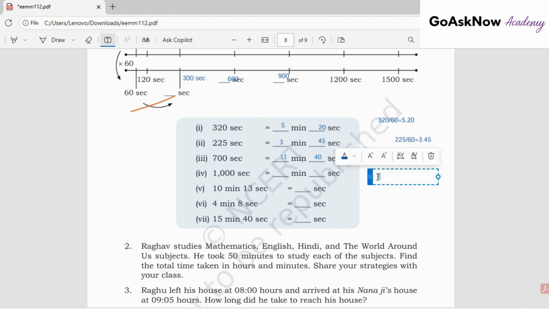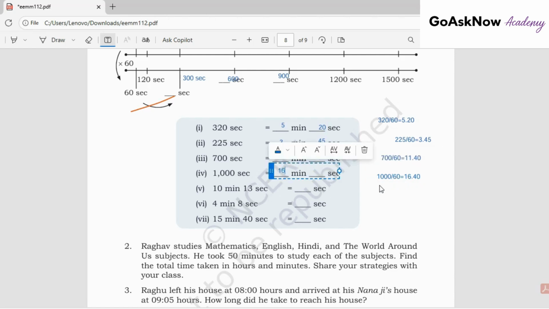Next 1000 divided by 60, which is equal to 16.40, which is 16 minutes 40 seconds.